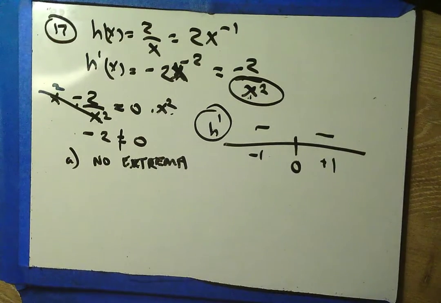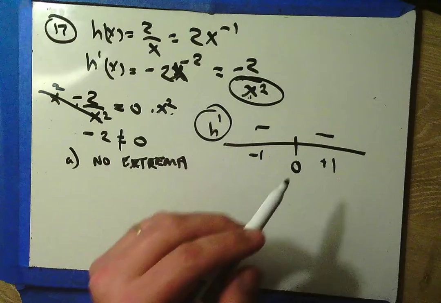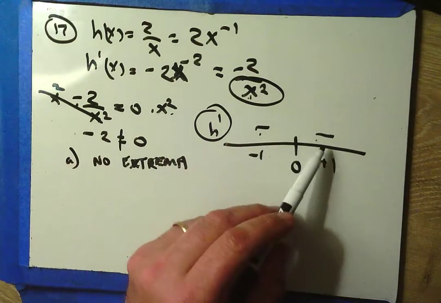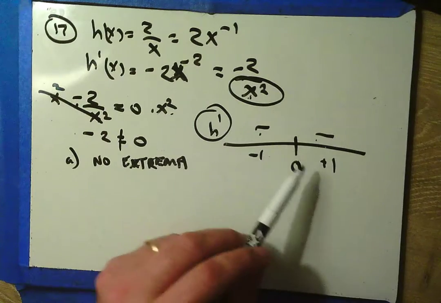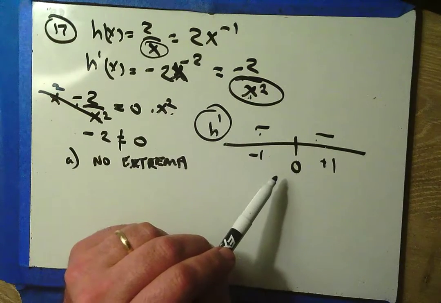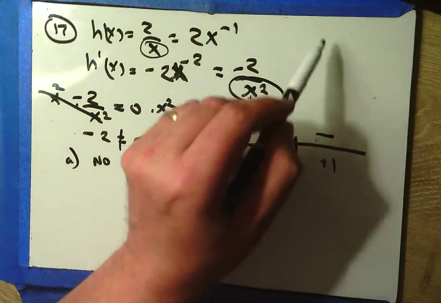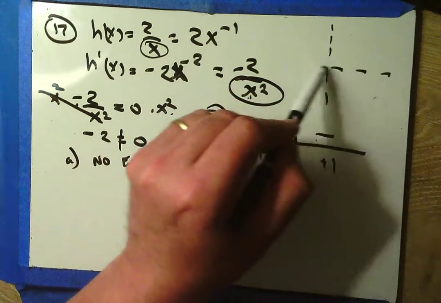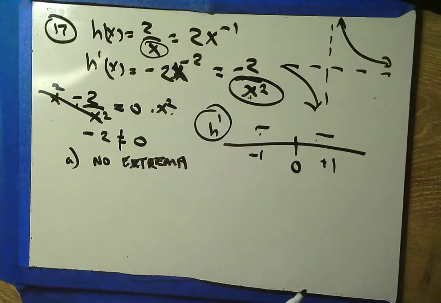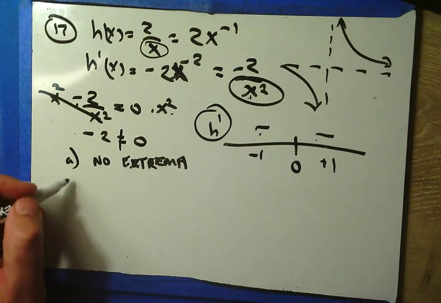Right now, h prime is going from negative to negative, which means decreasing and then decreasing. And of course, our original function doesn't exist at 0. There's a vertical asymptote there. Okay, so we already know what this looks like, right? Decreasing, decreasing. All right, so we know there's no extrema.